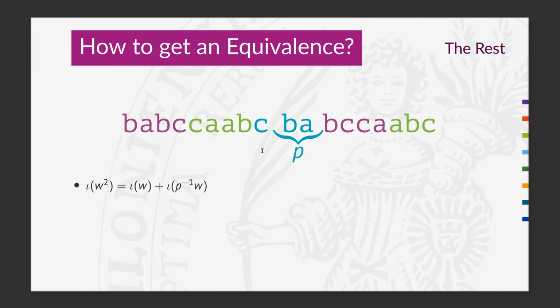So iota of W squared is iota of W plus iota of P to the minus 1 of W, so cutting this off. And P is the longest prefix such that the universality of the word is not changing.